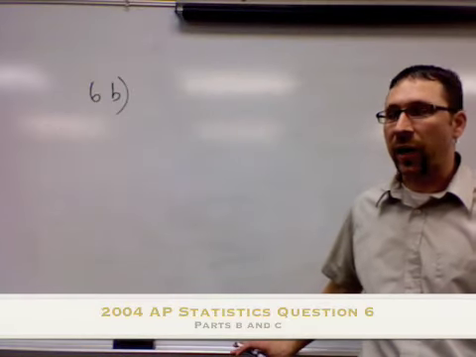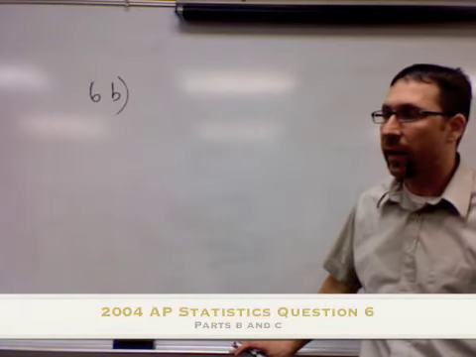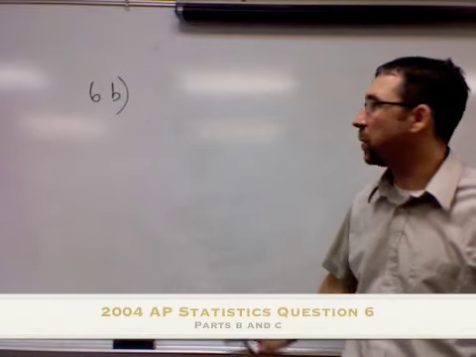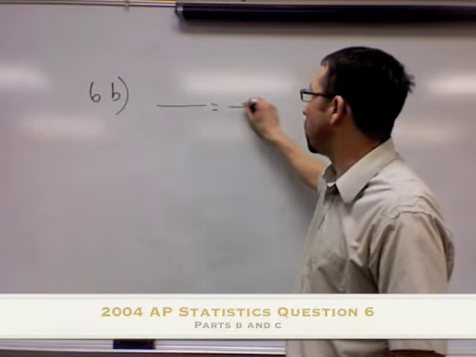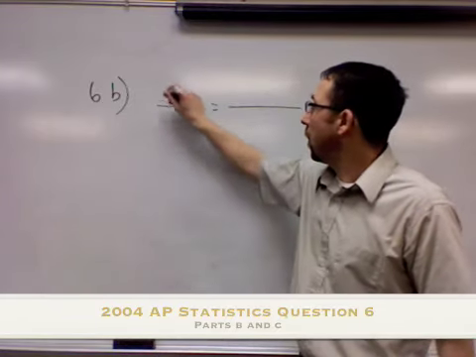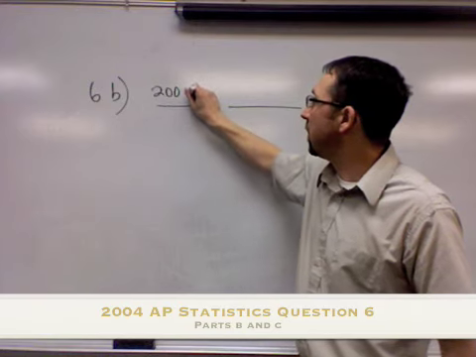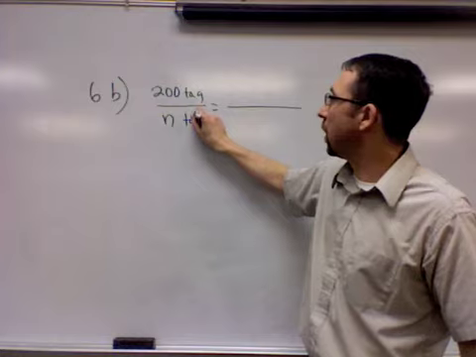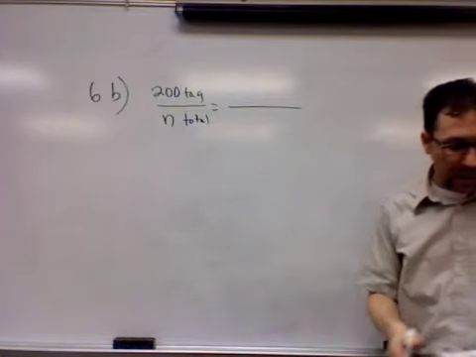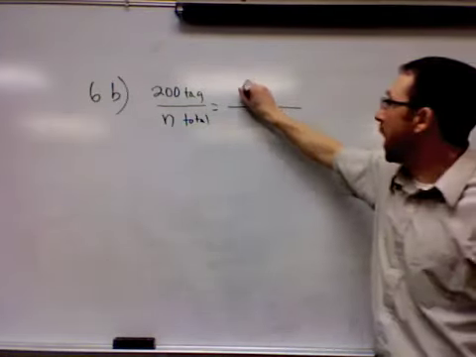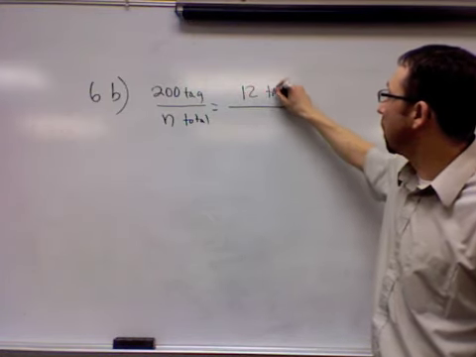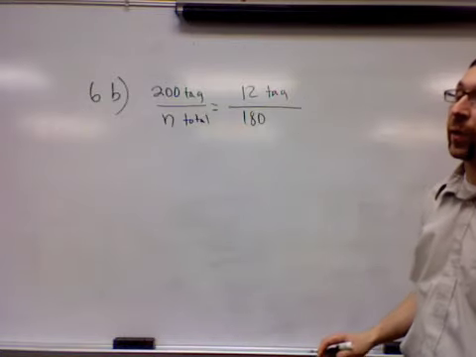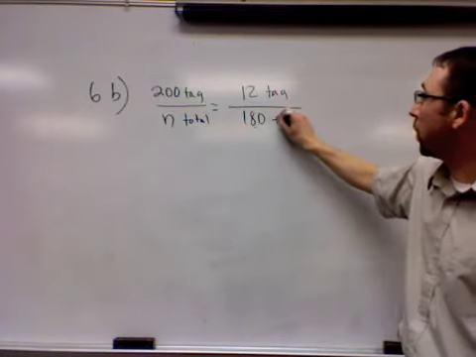And the question is, can you estimate the number of birds on island A based on the fact that they initially tagged 200 birds to begin with? To solve this question, all it is is some cross multiplication. We have 200 birds that were tagged from the start, but we don't know how many birds there were total. The next time they went back to the island, they found that there were 12 birds that were tagged out of 180 total birds.